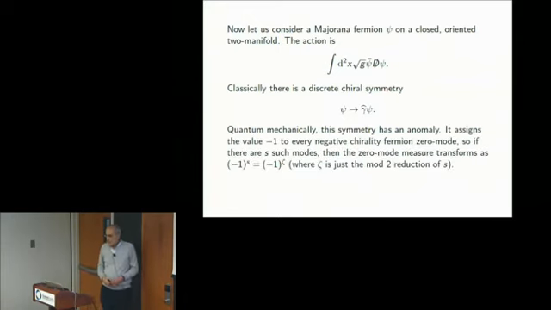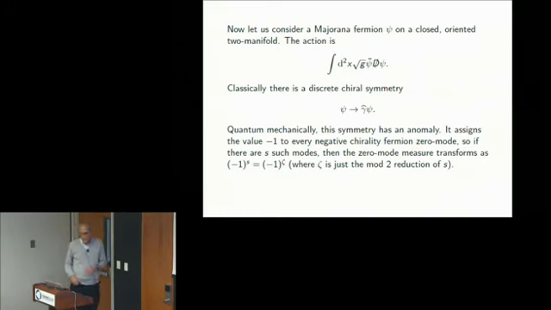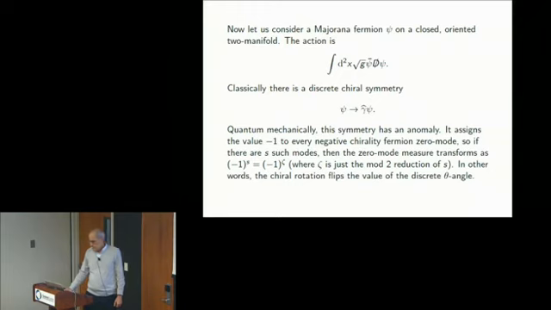Well, this symmetry assigns the value -1 to every negative chirality zero mode, +1 to every positive chirality zero mode, so we don't care about those. So if there are S negative chirality modes, the zero mode measure transforms as (-1)^S, which is the same as (-1)^ζ, where ζ is the mod 2 reduction of S. In other words, the chiral rotation flips the value of the discrete theta angle.